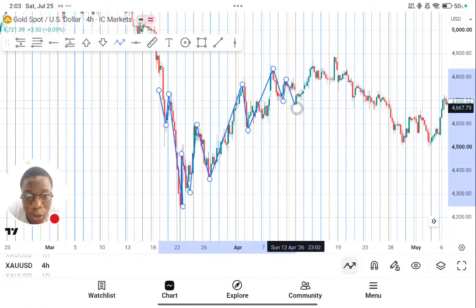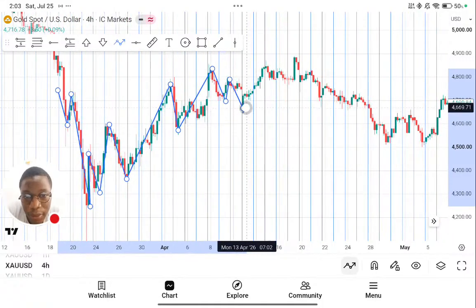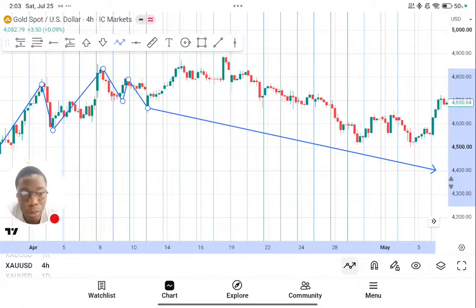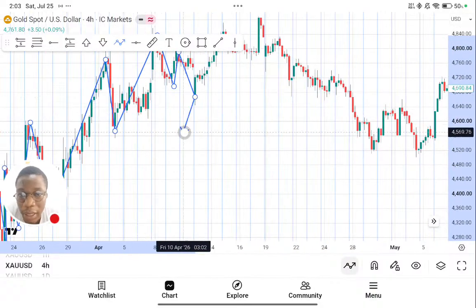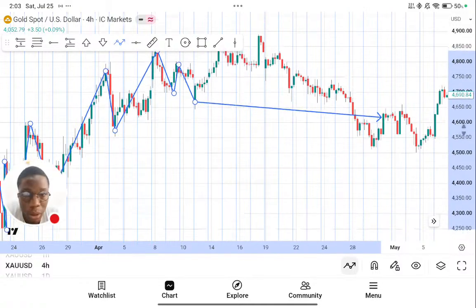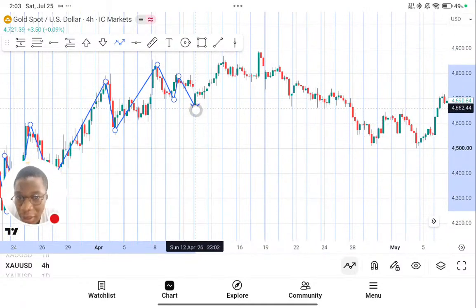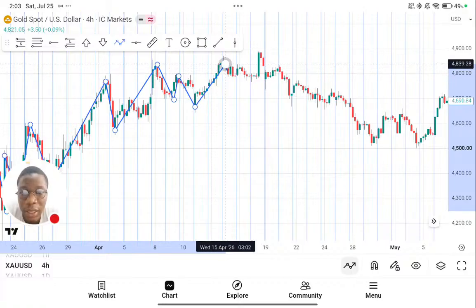So what you identify here is when the body of the candle closes below the previous low, that's when you would consider that as a change. It closed, then went on ahead.